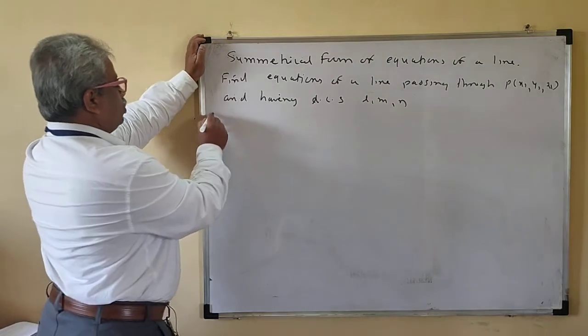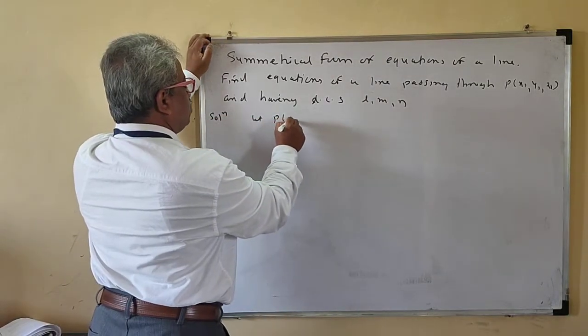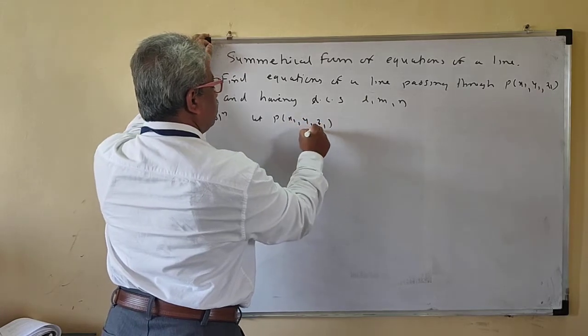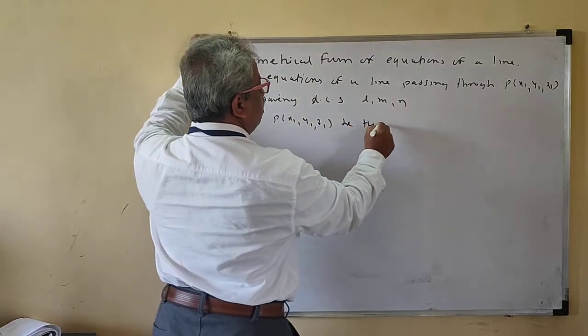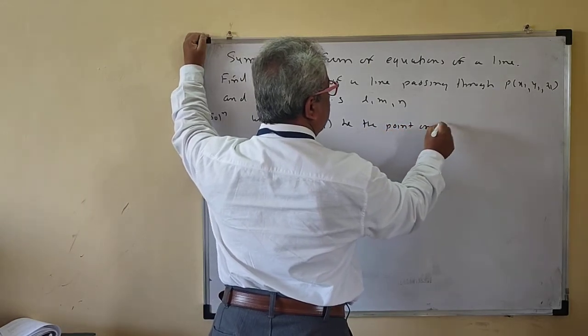Okay, so solution. Let P(x1, y1, z1) be the point on the line.